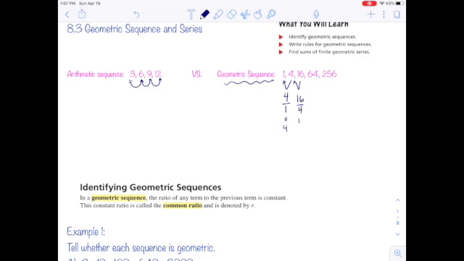Yeah. And then check 64 divided by 16. Is that equal to 4? Yep. And 256 divided by 64. That is also equal to 4. So there is your common ratio of 4 to form that geometric sequence.